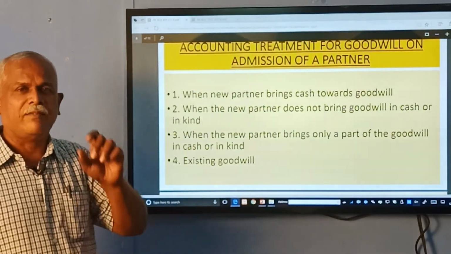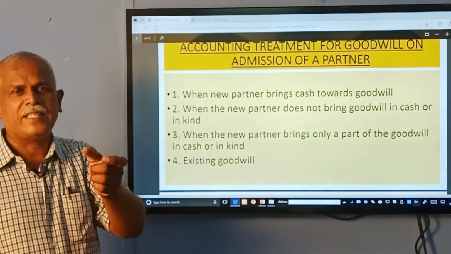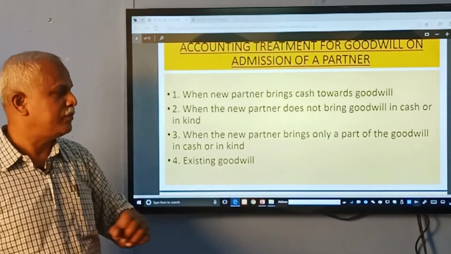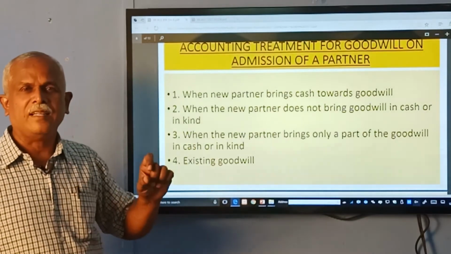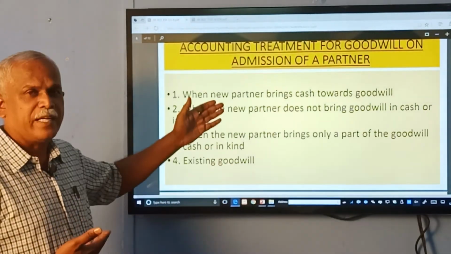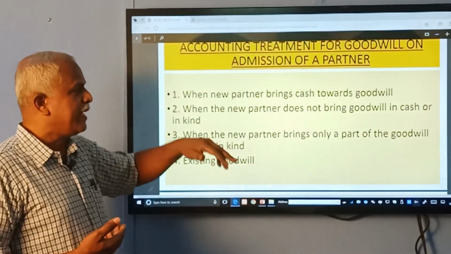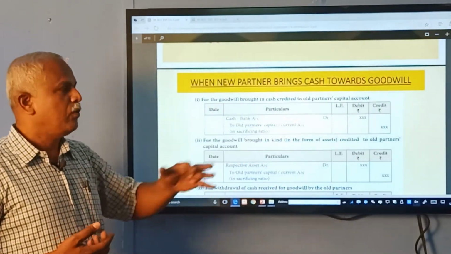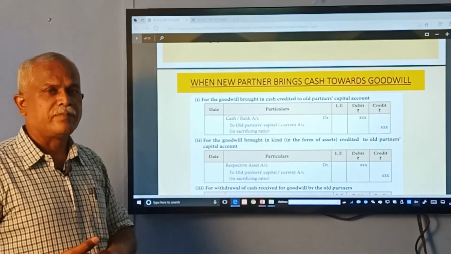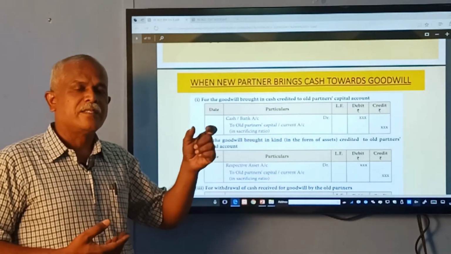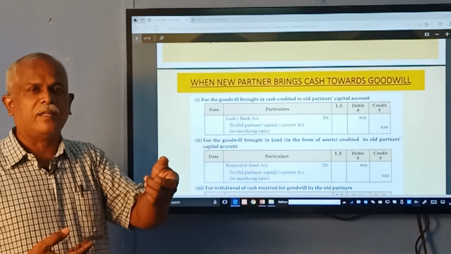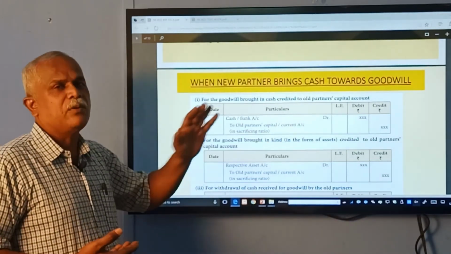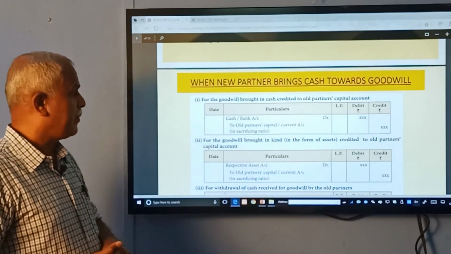Goodwill is treated when it is brought in cash, when it is brought partially in cash or both, and when there is existing goodwill, under 4 conditions. When it is brought in cash, then it is cash account to old partners' capital account. Whatever the share of goodwill of the new partner when he brings in cash, that will be directly transferred to old partners' capital account.